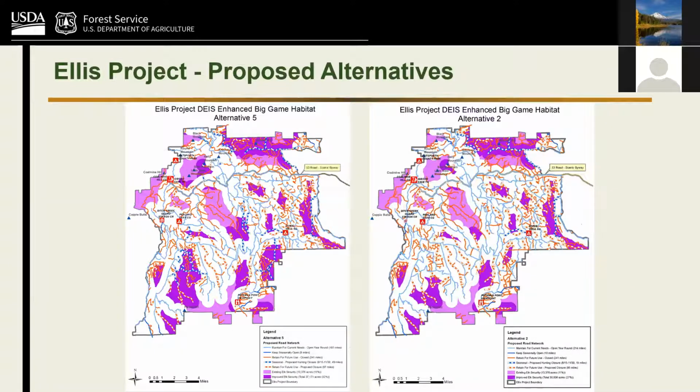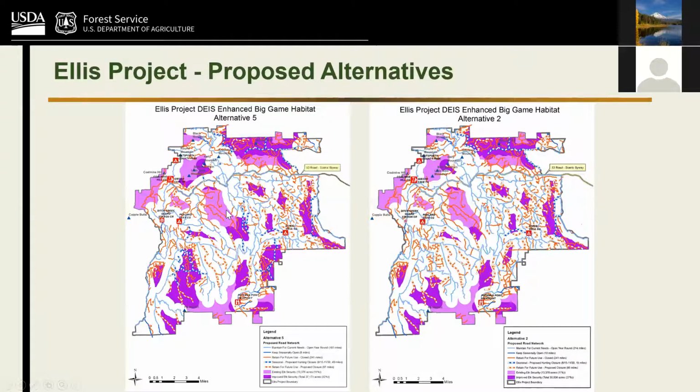Okay, a couple more maps for you. So this is the enhanced big game habitat maps that you'll see. There's 2 more on the next slide that you can compare. I couldn't fit all 4 of them up here. So again, alternative 5 has the most road management proposed to improve elk distribution.